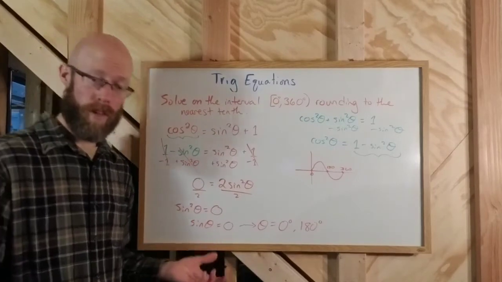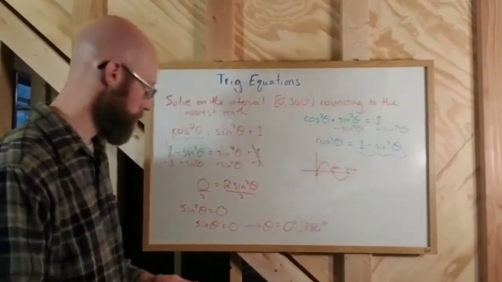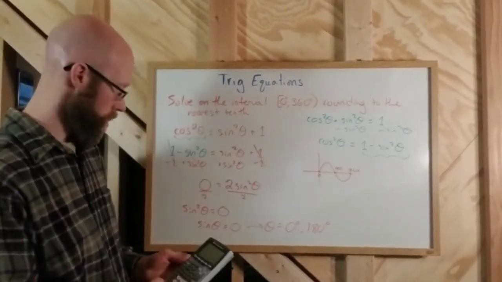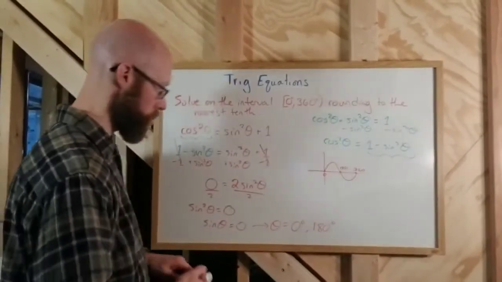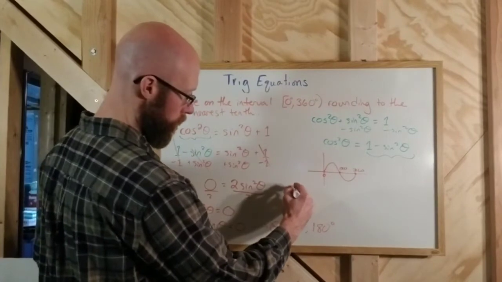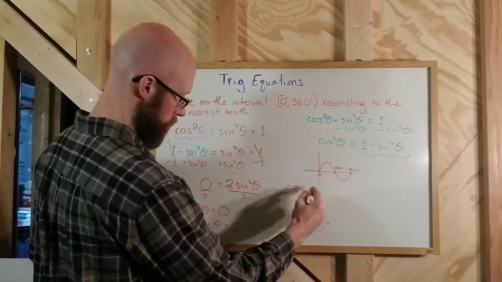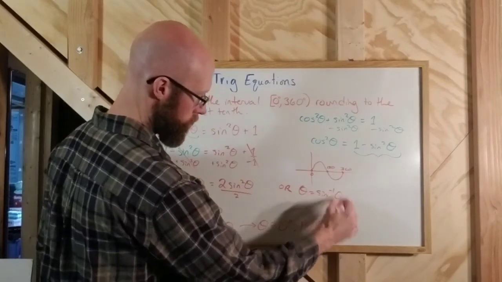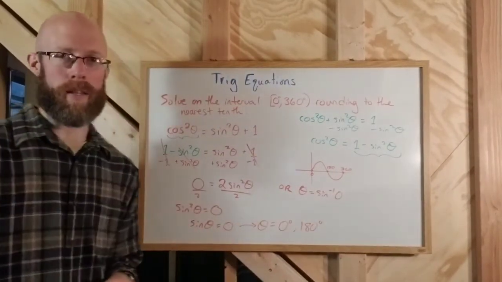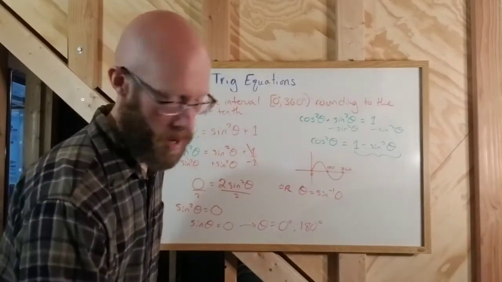I could have. Had I gone to my calculator, I would have needed the inverse sine, correct? Just to show you something real quick, I could have said that theta is the inverse sine of 0, right? That's how most of us would solve this problem at this point.